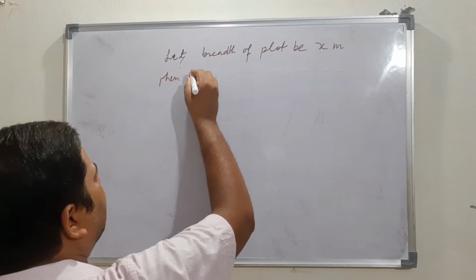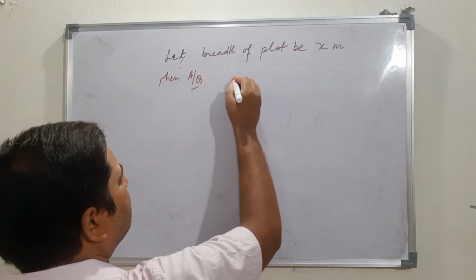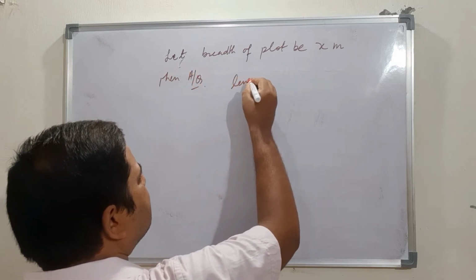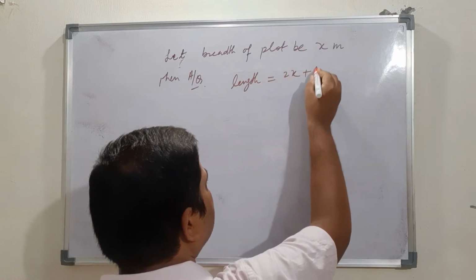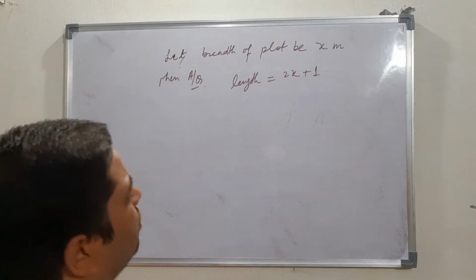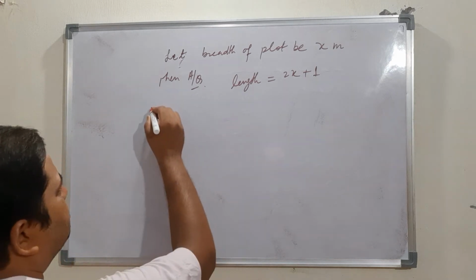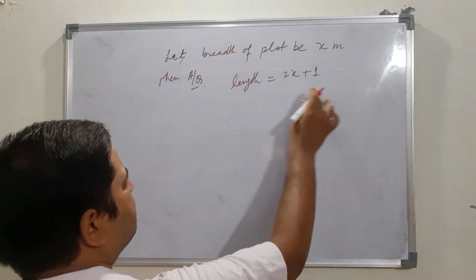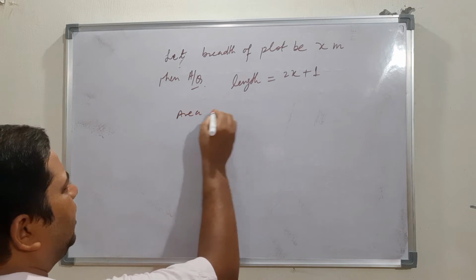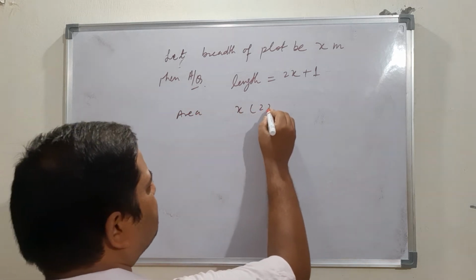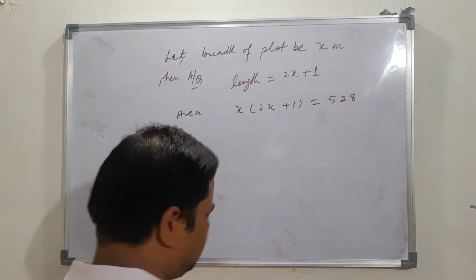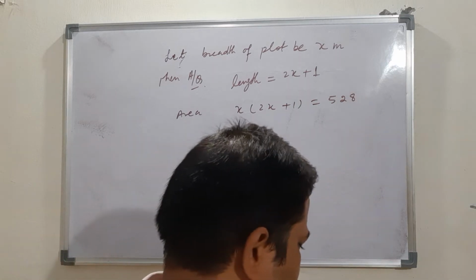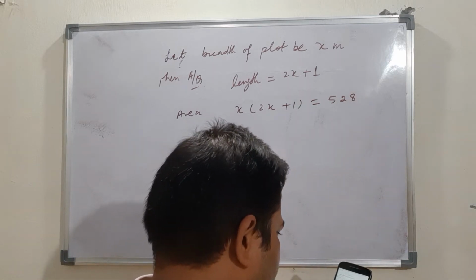Then according to the question, the length is one more than twice the breadth, that is 2x plus 1. Then the area should be x into 2x plus 1 is equal to 528 meters square.